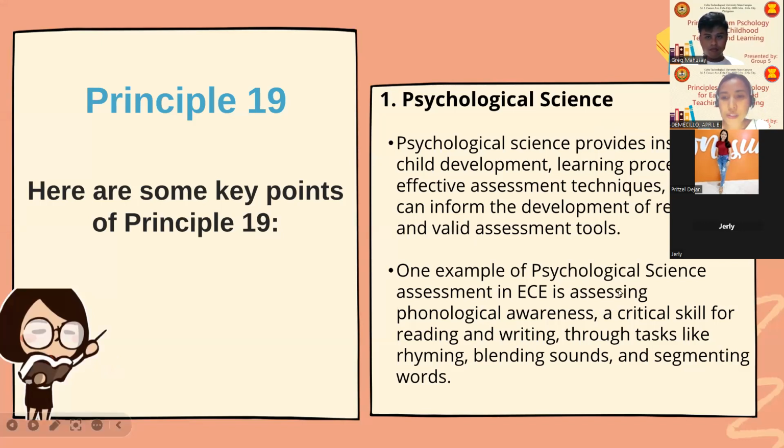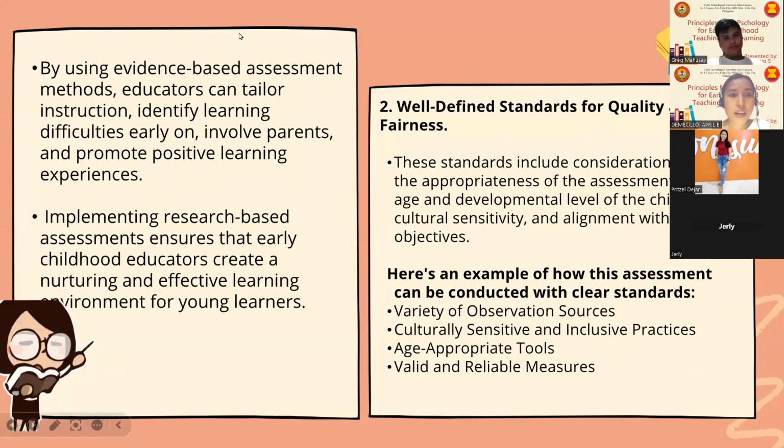One example of psychological science assessment in ECE is assessing phonological awareness, critical reading and writing, through tasks like rhyming, blending sounds, and segmenting words.